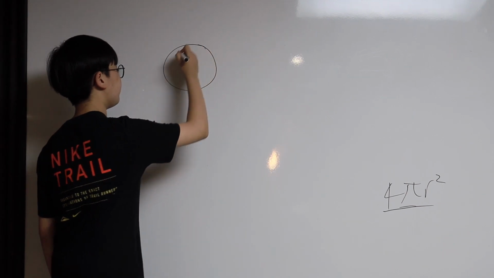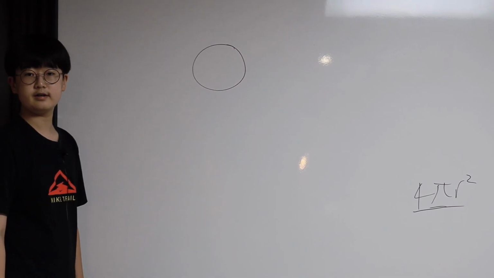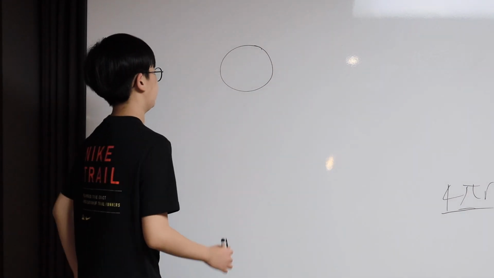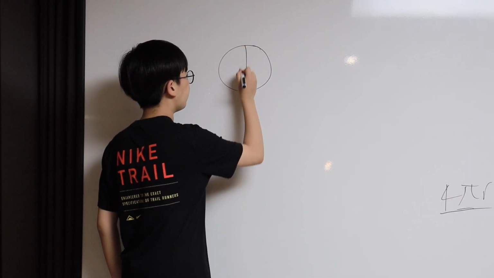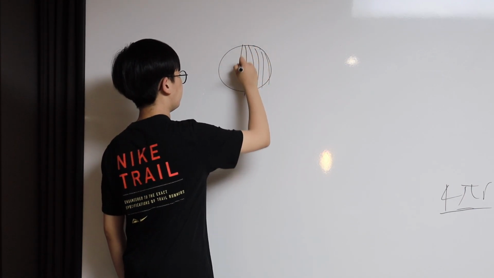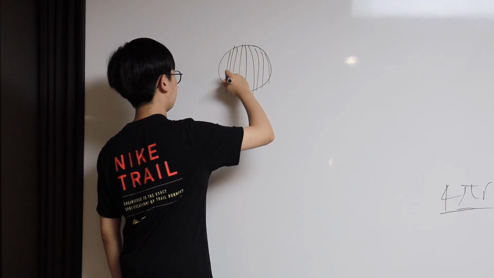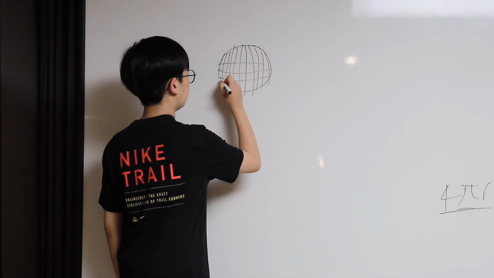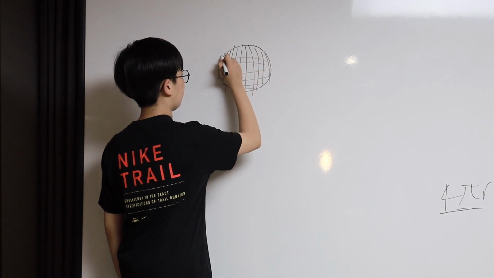Now we have a sphere here, and what we're going to do is draw lots of squares on it.